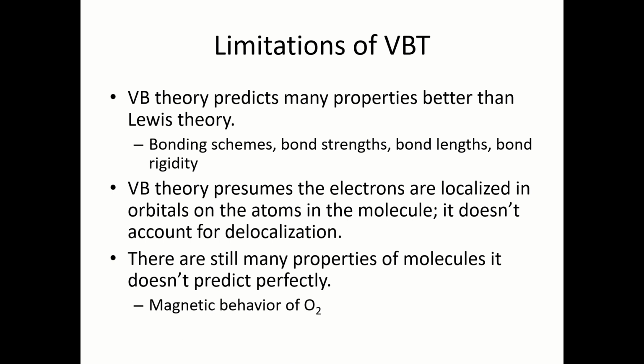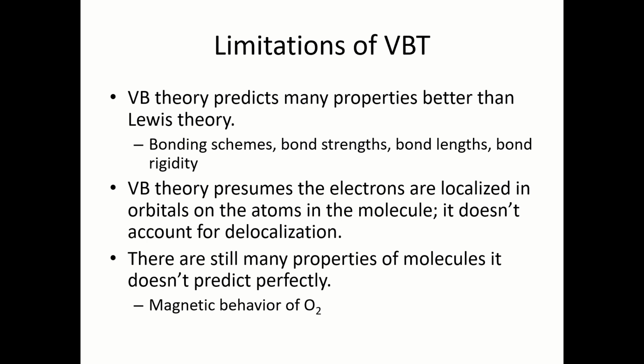Now, with the valence bond theory, there are some limitations. It is better than Lewis theory at predicting your bond strengths and your bond lengths. But the issue is that valence bond theory still doesn't do a great job with delocalization. Remember, that's talking about your resonance structures.